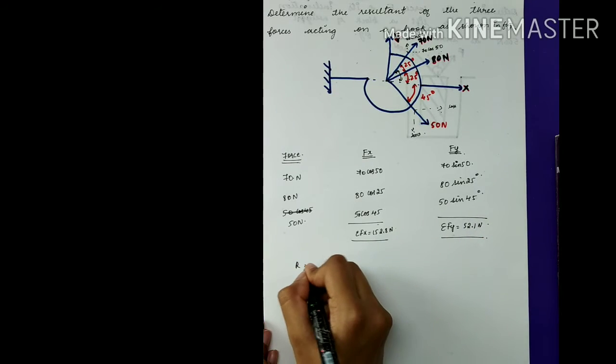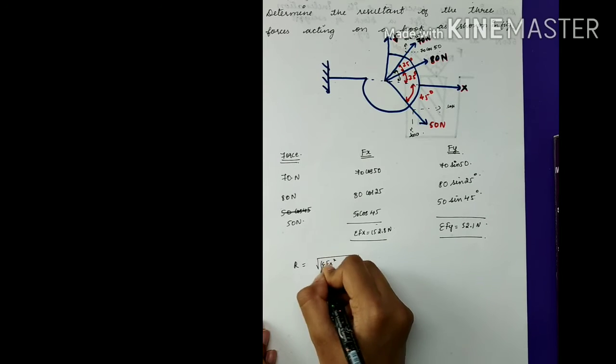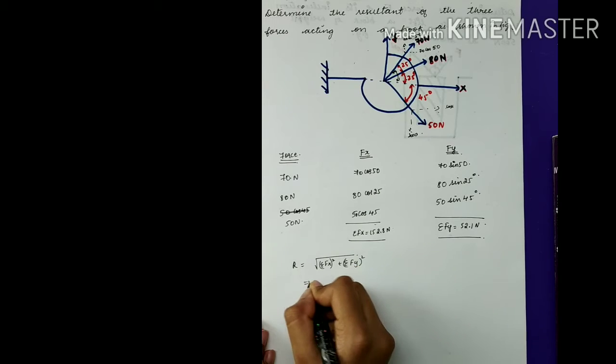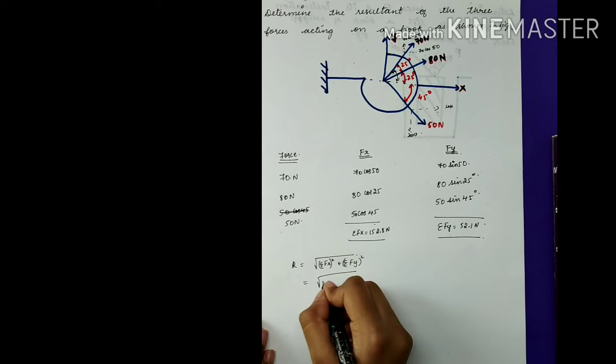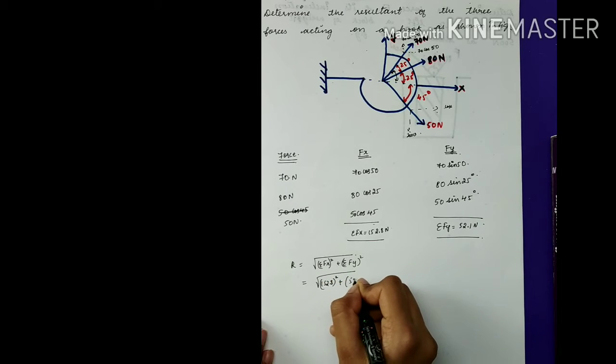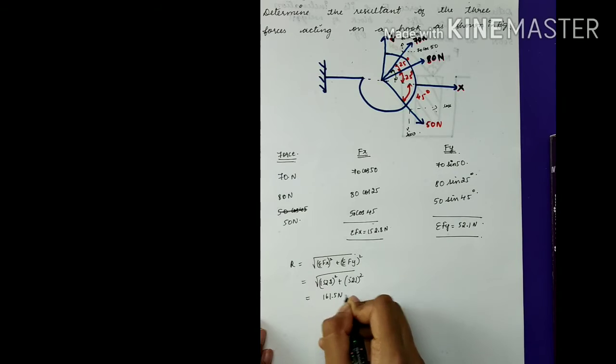Next, the resultant R is the square root of summation Fx whole square plus summation Fy whole square, which is root of 152.8 whole square plus 52.1 whole square, giving 161.5 Newton.